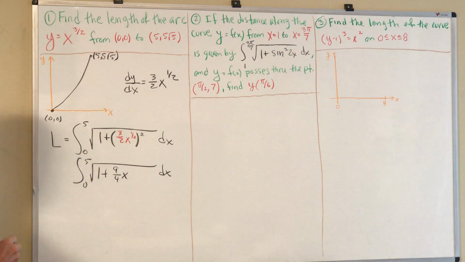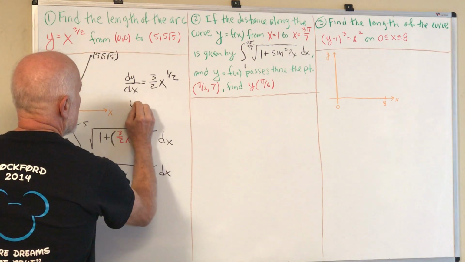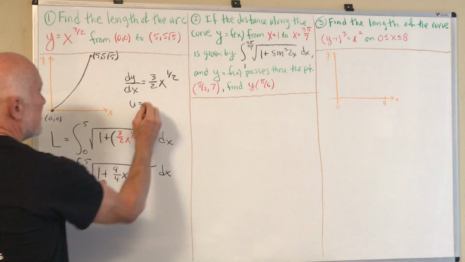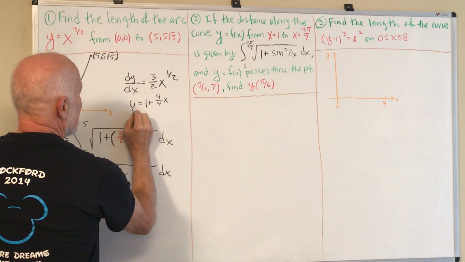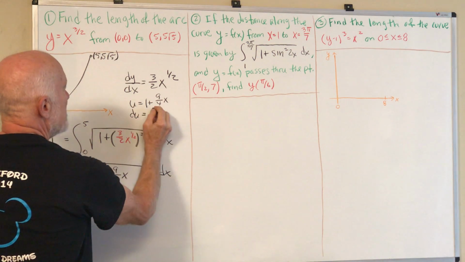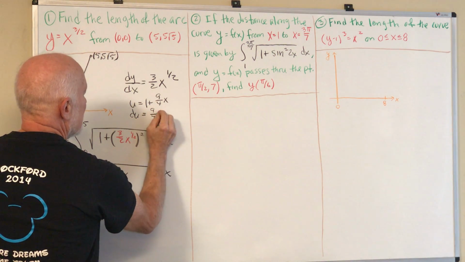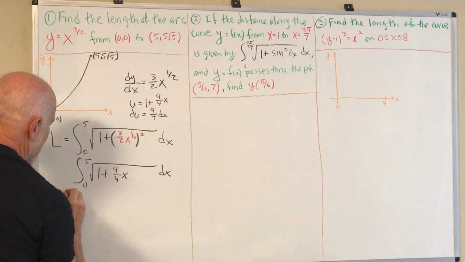We're going to let u equals 1 plus 9/4 x and du be 9/4 dx.